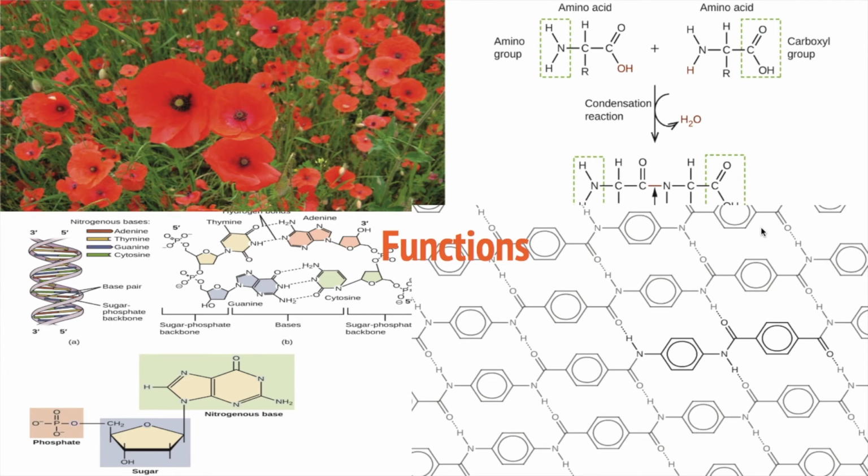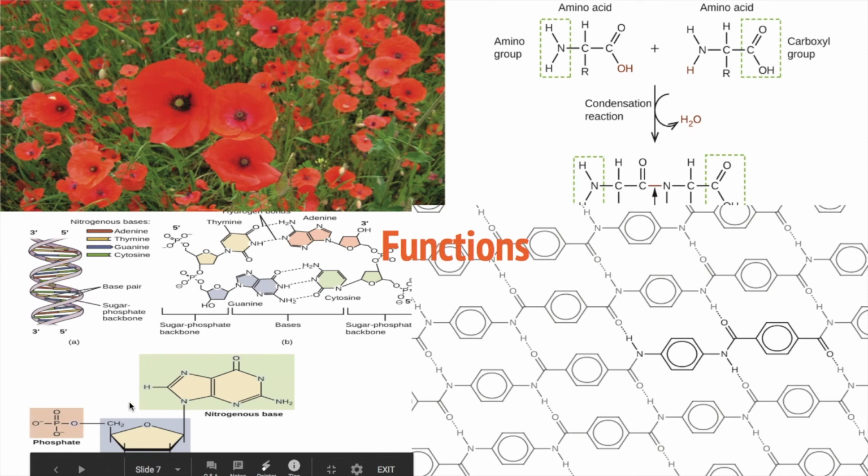So now functions. DNA, deoxyribonucleic acid, and RNA, ribonucleic acid, are both made up of monomers known as nucleic acids. So that's resembled right here. This is DNA and its subparts. Each nucleic acid contains a 5-carbon sugar right here, a phosphate group right here, and a nitrogenous base right here.